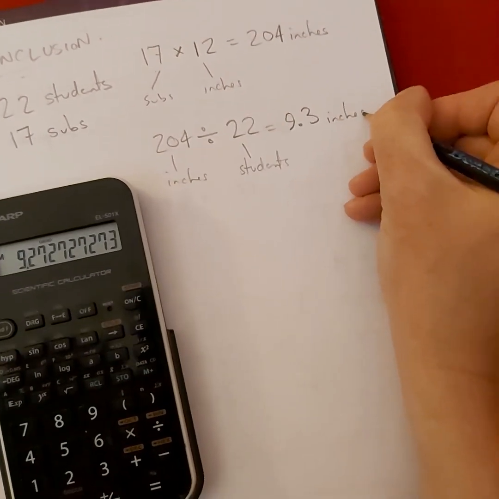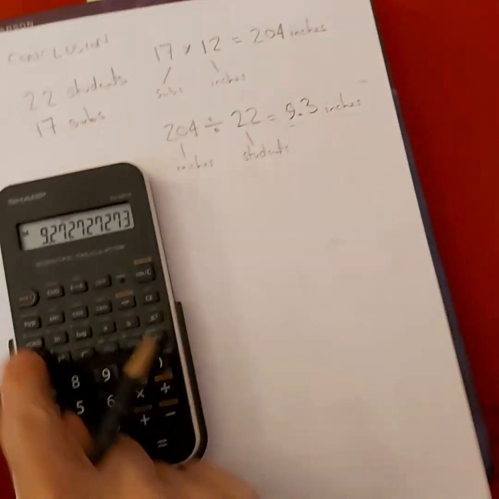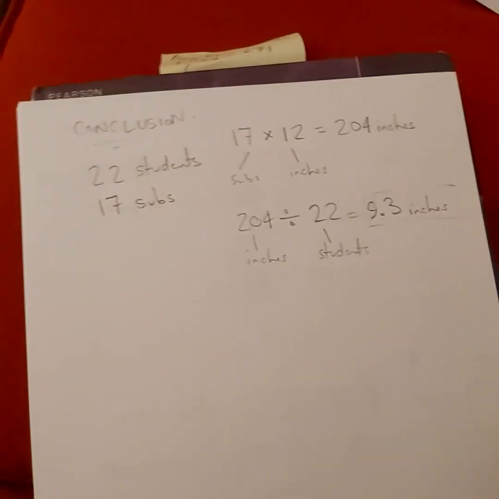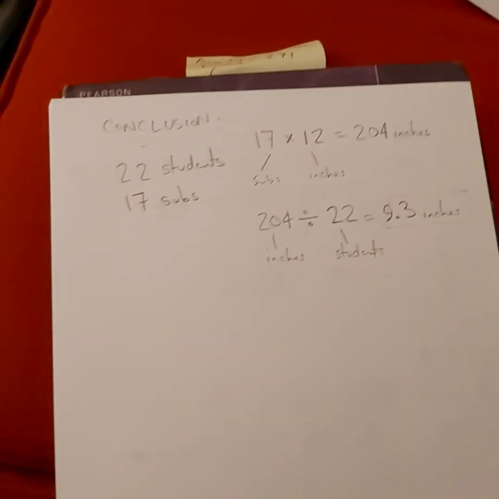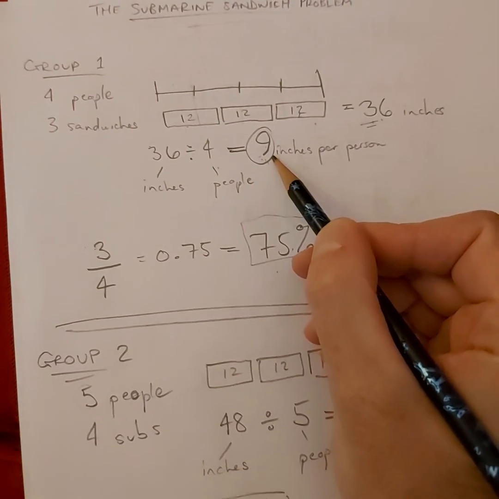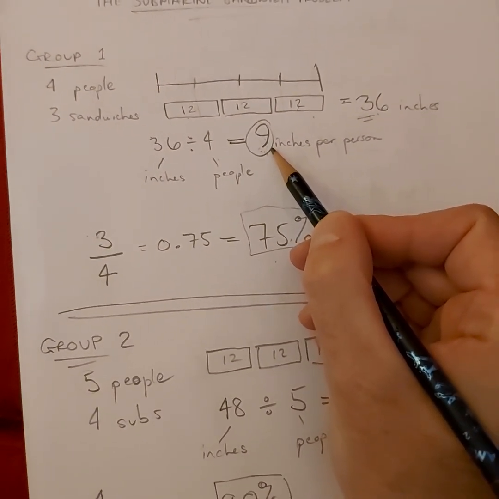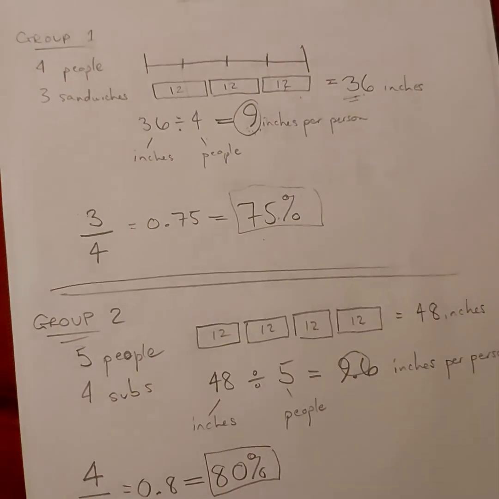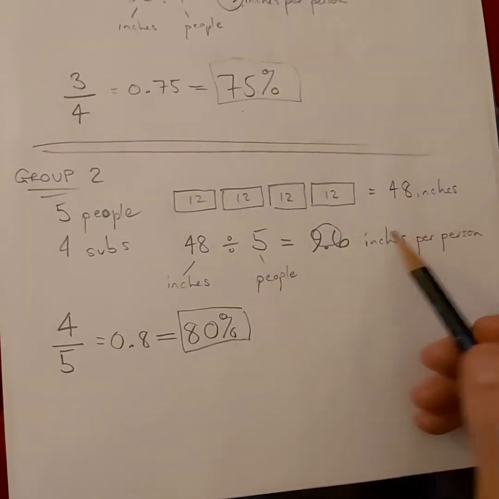So each student, if the whole class received equal distribution, should have gotten 9.3 inches per person. Okay, so if we go back and we look at the different groups, the first group got less than 9.3. Okay, so that means they're below the amount that an equal distribution should have given them.